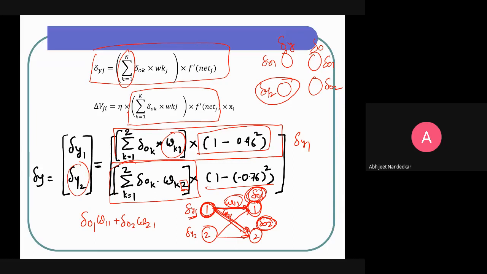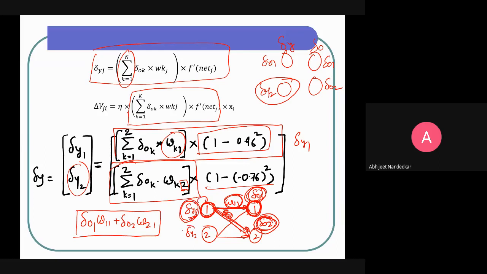So the error here is multiplied by its importance, and the error here gets multiplied by its importance. These two added together is the error signal for this neuron.